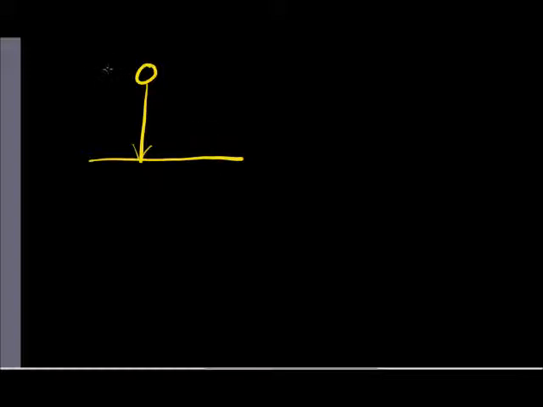In this example, where an object is dropped from a certain height, let's denote it by h, and the mass of the object by m, then the potential energy of the object would be U equals mgh, where g is the gravitational acceleration and m is the mass of the object. And this quantity is going to be a conserved quantity.